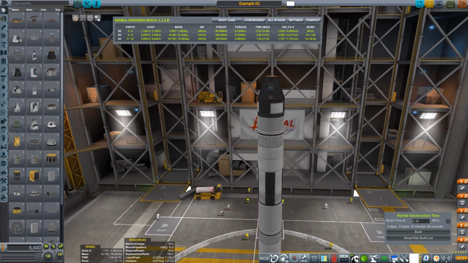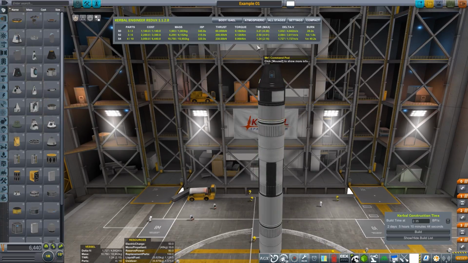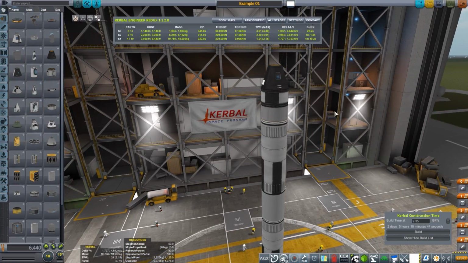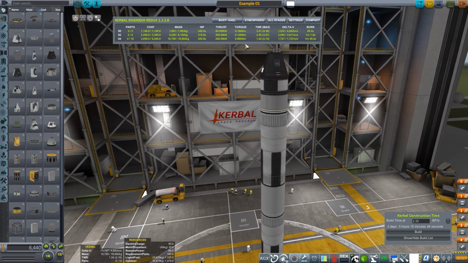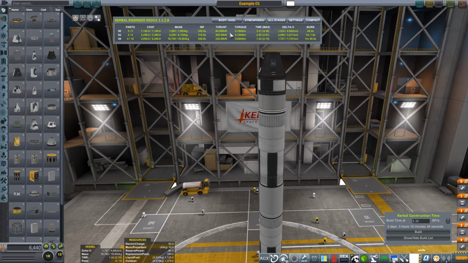Today we are going to start by talking a little bit about staging and ascent profiles, and we'll take it from there. You can see this rocket has 3 stages, 4,842 meters a second potential delta V, and if you're not familiar with how this is broken down, each of these stages on the left is the delta V for that stage, and then the cumulative is on the right.